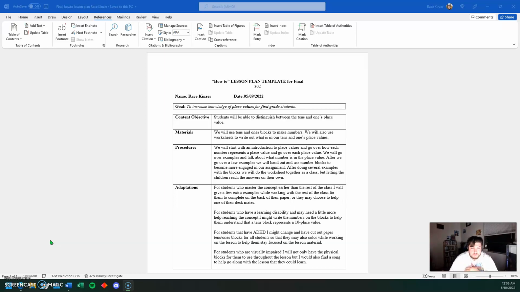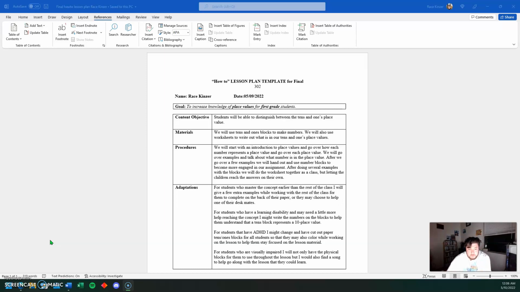The procedures I'm going to follow is that we are going to introduce place values and go over how each number represents a value. I'll go over personal examples, different things for the classroom and their understanding.